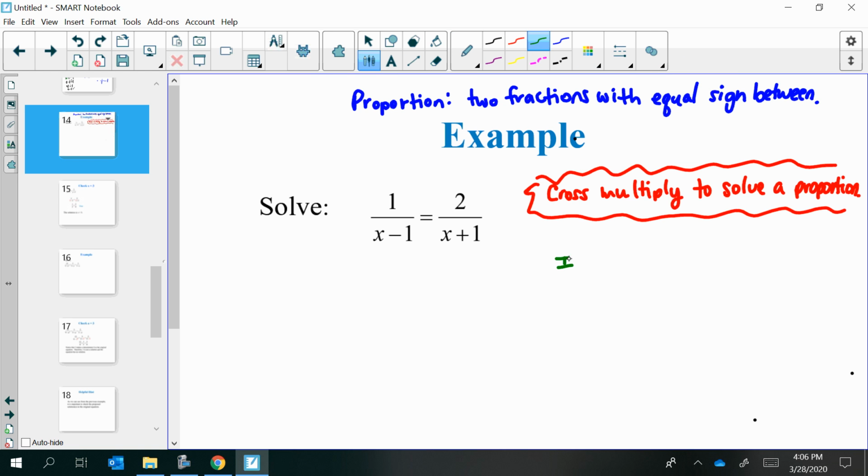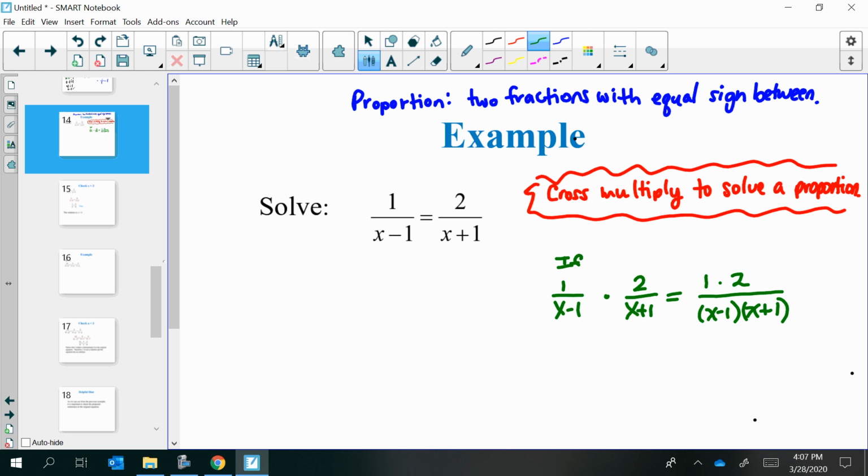So if we were given 1 over x minus 1 times 2 over x plus 1, we should multiply numerators to numerators and denominators to denominators, right? So you don't just cross-multiply in general, but you cross-multiply when you have a proportion, which is one fraction equals another fraction.